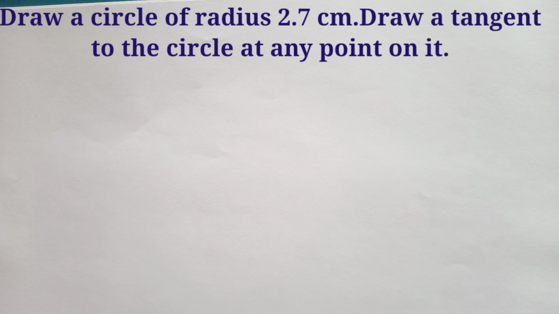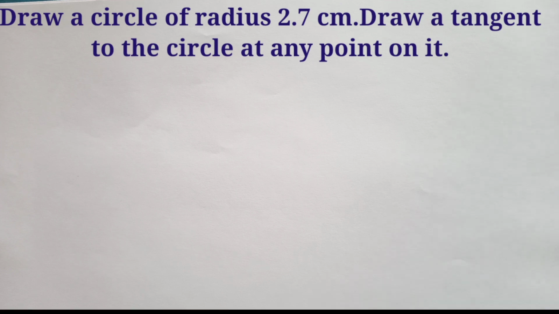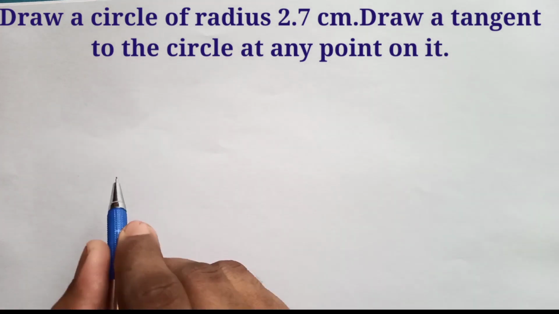So what is question number 2? Draw a circle of a radius 2.7 centimeter. Draw a tangent to the circle at any point on it. Now this question and the first one are very similar to each other. So first of all, we can take any point as a center of a circle.